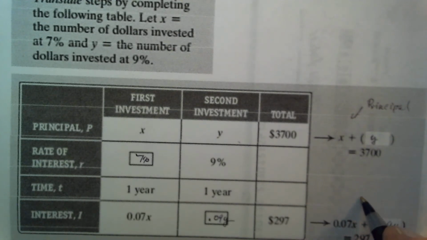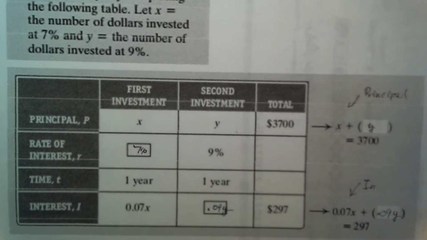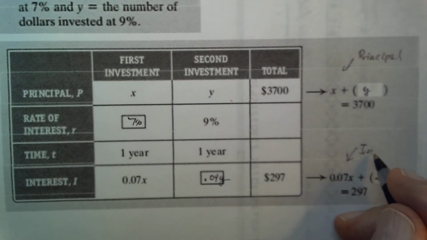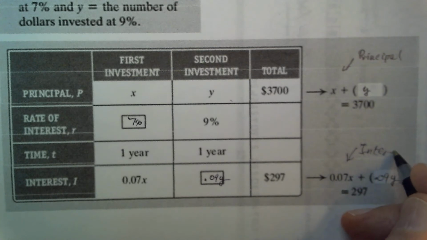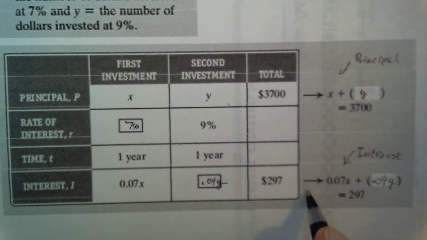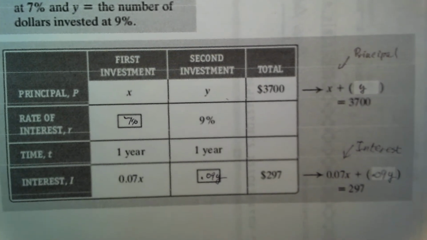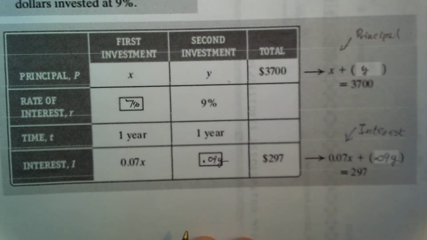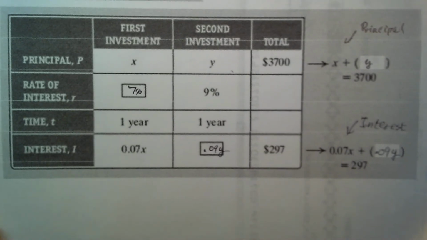This is the equation for interest. So we're looking at two different equations: this one is for the principal, and this is the equation for the interest.